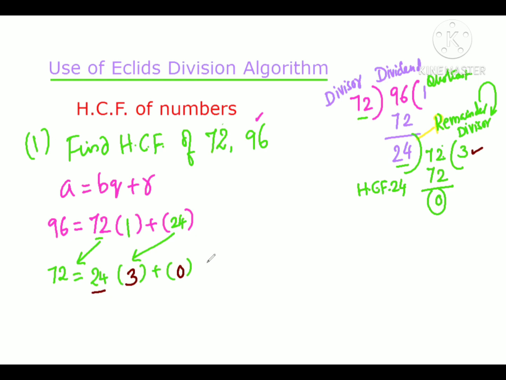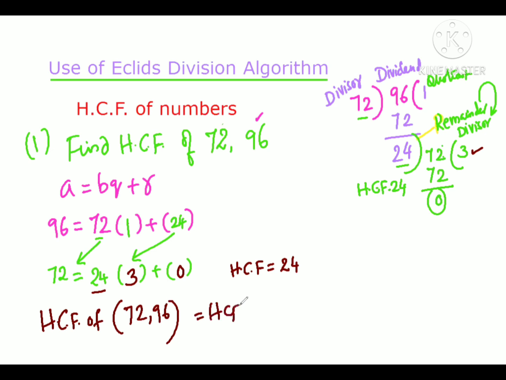The last divisor is taken as the HCF, that is 24. That means HCF of 72 and 96 is equal to HCF of 72 and 24, that is equal to 24.